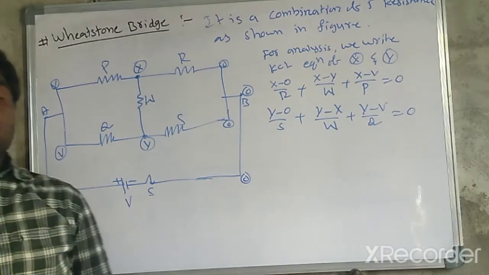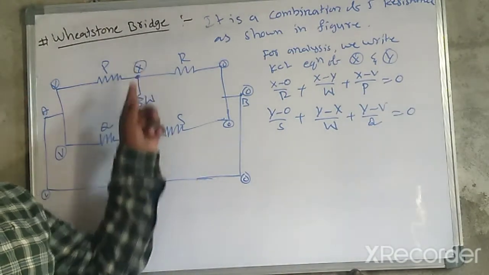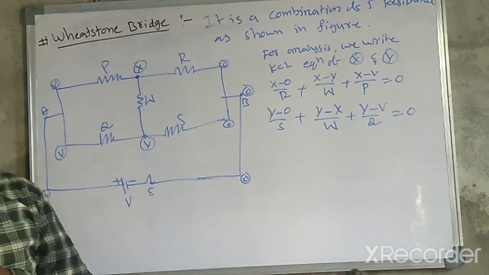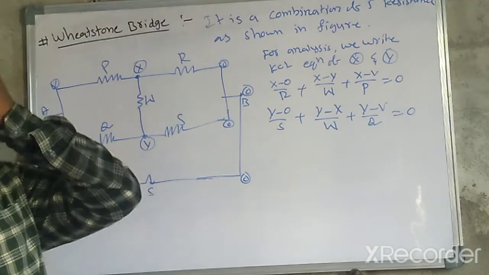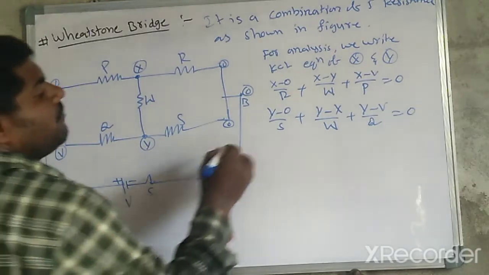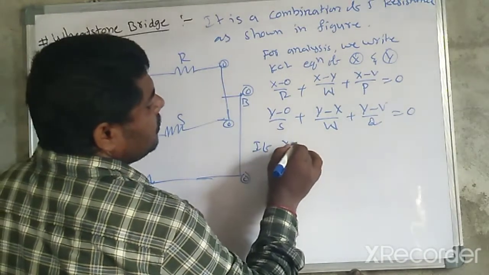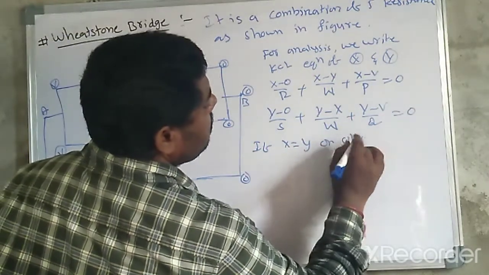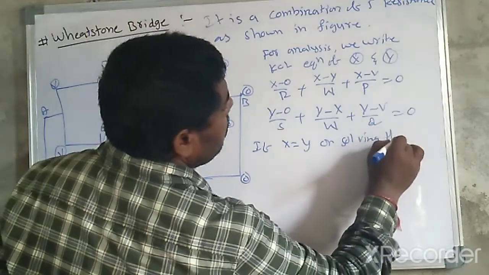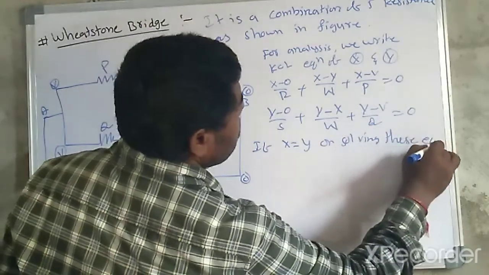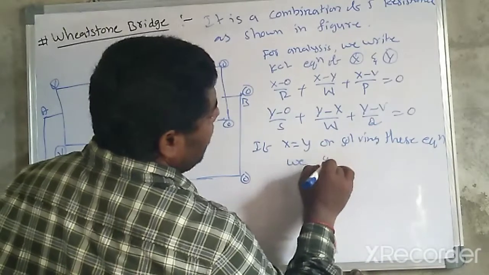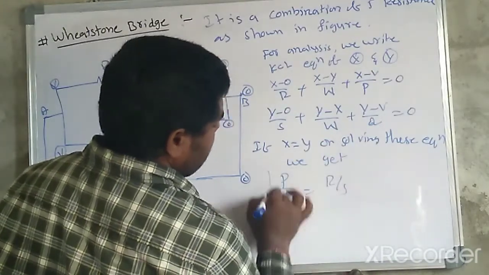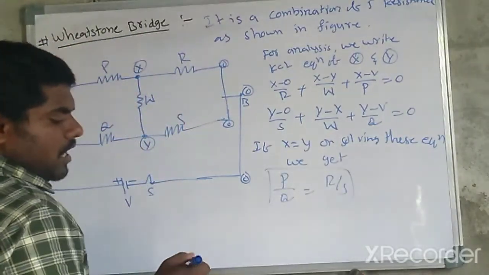So if X is equal to Y, meaning these potentials are the same, then on solving these equations we get P by Q is equal to R by S.